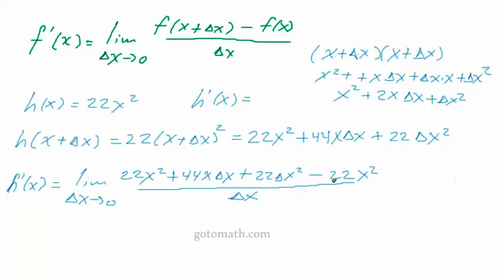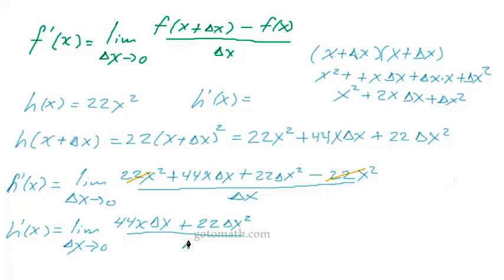Well, as you can see, the function will always cancel out, so 22x squared, those guys are gone, and now we'll just rewrite. So we have h prime of x equals the limit as delta x approaches 0, so we end up with 44x delta x plus 22 delta x squared, and that's all over delta x.